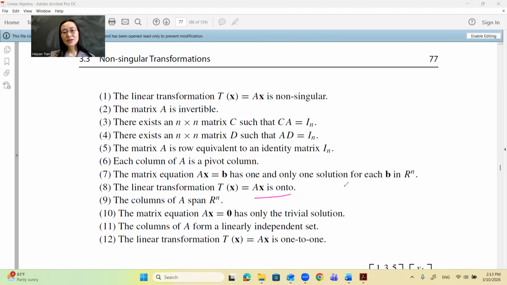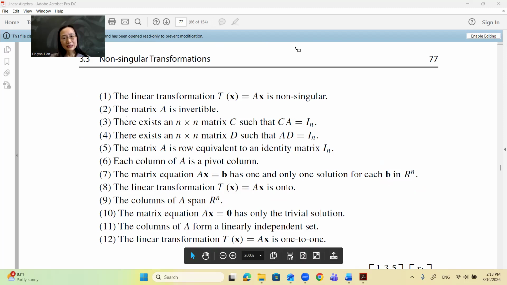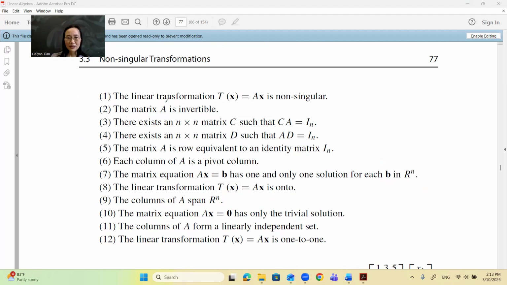That also means any B from Rn can be generated by the columns of A. So all these statements are equivalent if we have this T as a non-singular linear transformation.